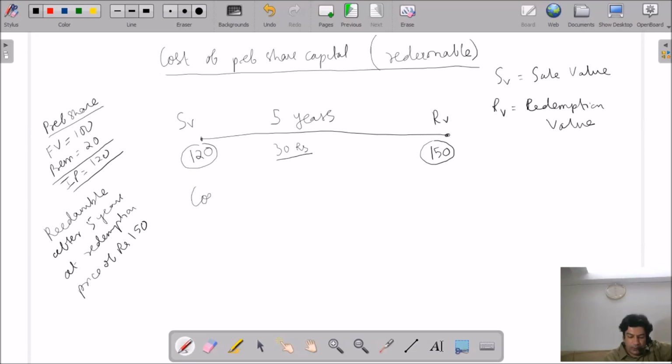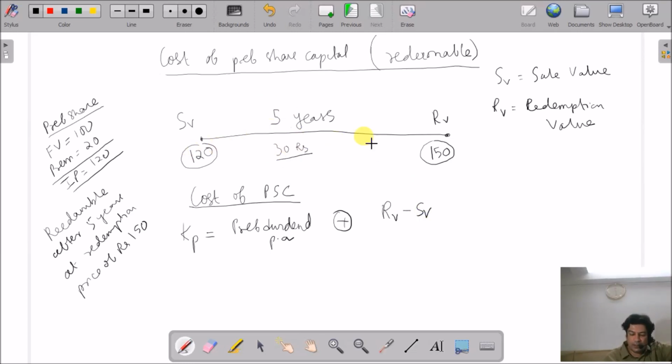So what we are going to find is the cost of preference share capital. It will be denoted as KP. Here the cost is preference dividend. This is one cost which will be paid per annum every year. Then redemption value minus sale value, which is 30 rupees, is the cost, and it is for 5 years. So I will divide by number of years.